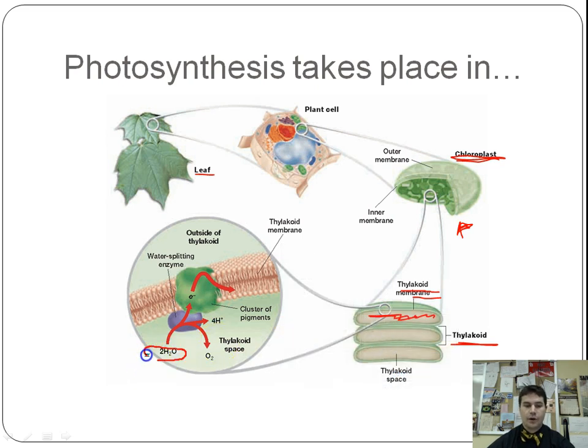It starts off with water and actually makes oxygen, which is released. It takes water, makes oxygen, it gives some hydrogen ions, which are hanging out, but most importantly, it frees up some electrons. Those electrons are going to be very important later. So remember, photosynthesis takes place in plants, specifically inside chloroplasts, and inside chloroplasts you have these thylakoids.